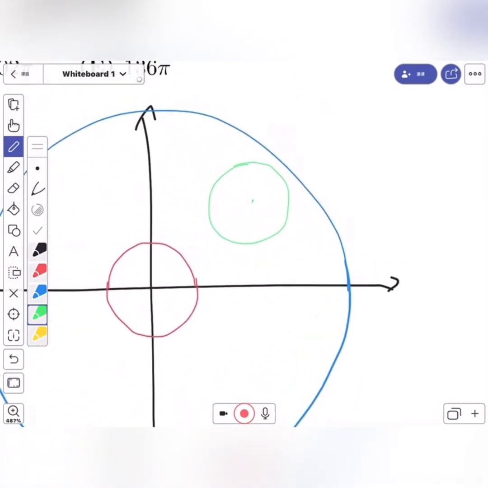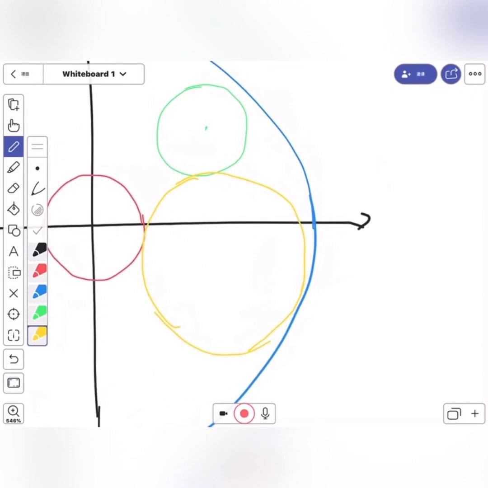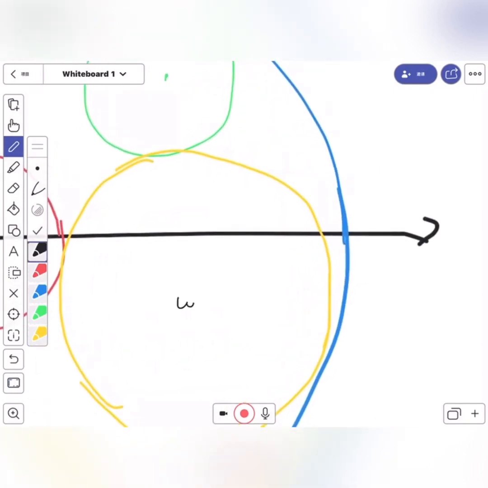First, we can have one of the circles look like this. We call this circle omega.